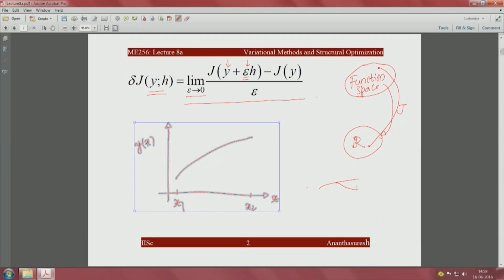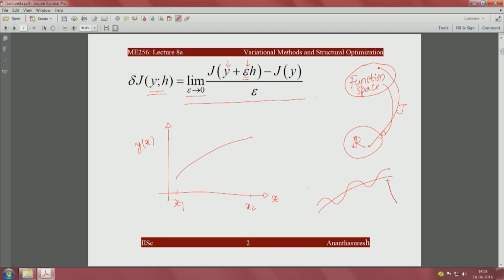So, this h of x that we have, if I add it over y of x, then h will be like a perturbation over it. That is h, but then I am putting a small value epsilon, dividing by it and making that epsilon tend to 0.